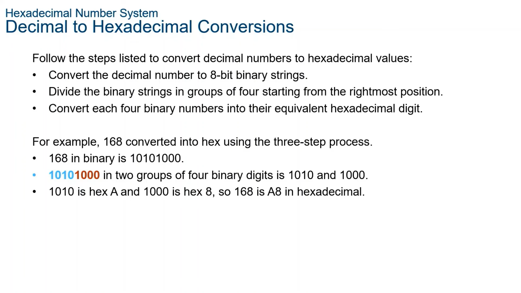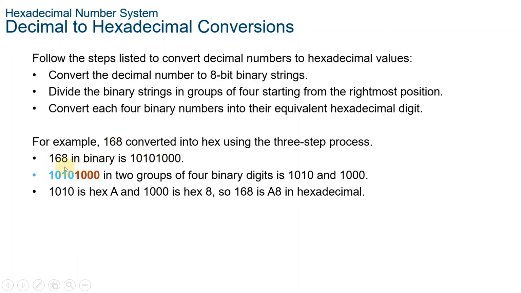Convert each 4 binary numbers into their equivalent hexadecimal digit. The example provides the steps for converting 168 to hexadecimal, using this 3-step process.